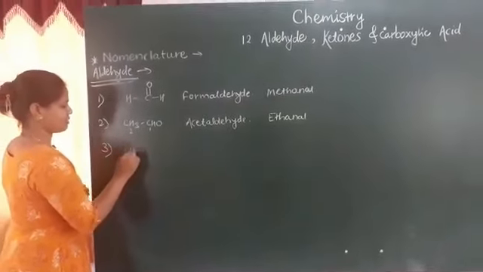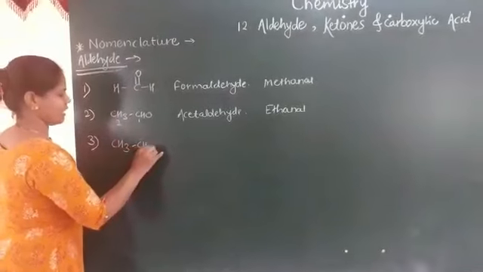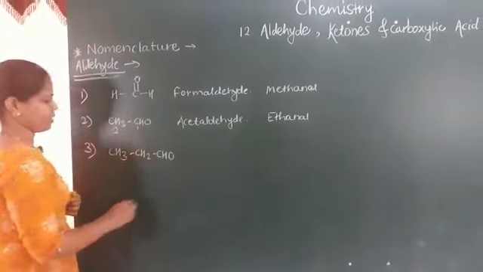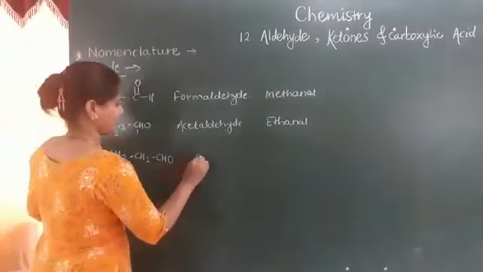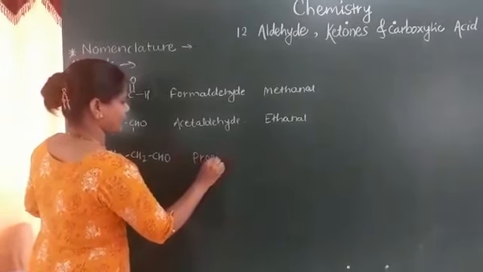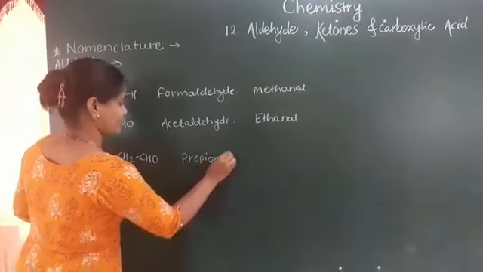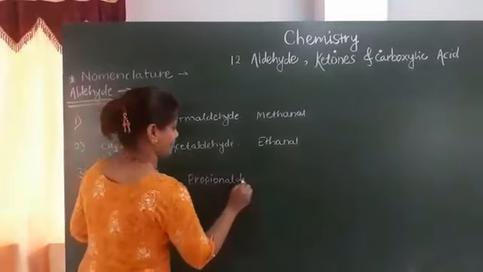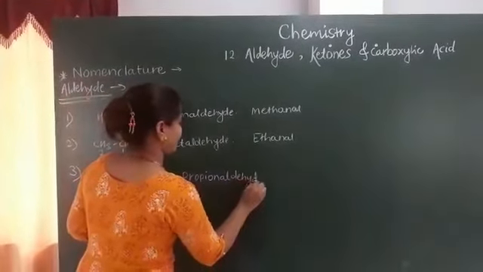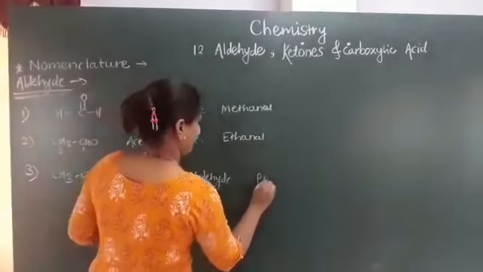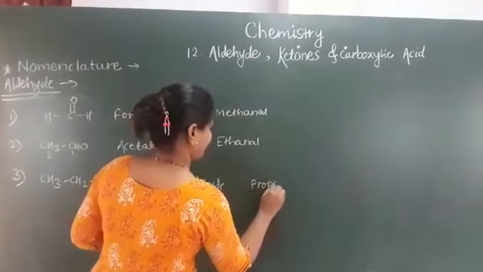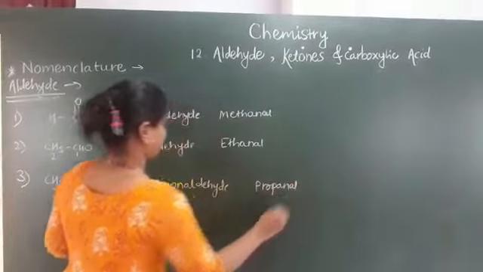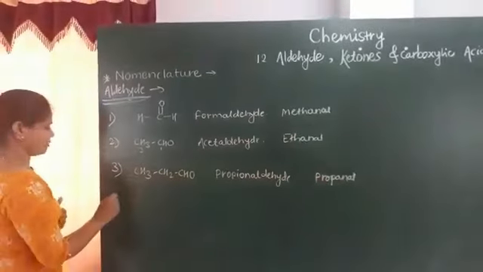Third one, CH3CH2CHO. 3 carbon atoms are there, so it is propionaldehyde. This is also taken from propionic acid, and the IUPAC name is propanal. Let us see one more example.